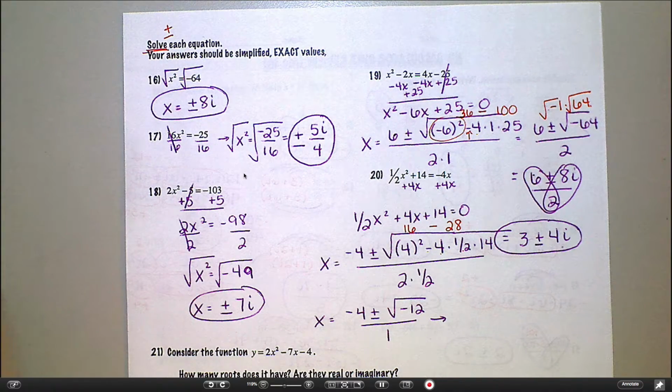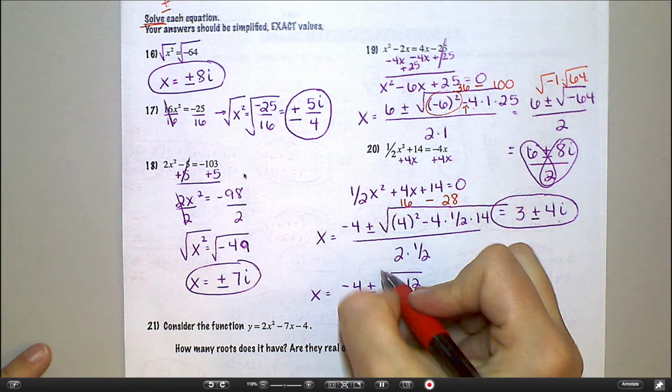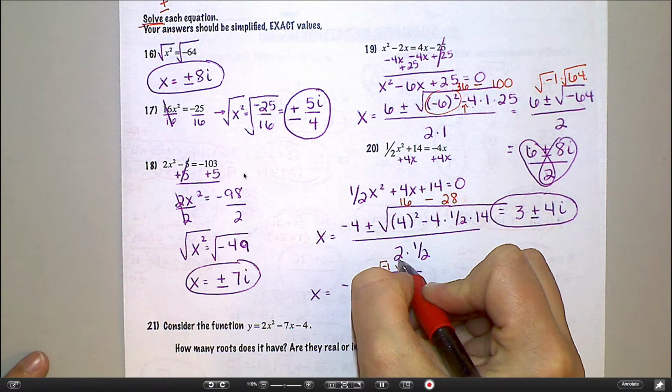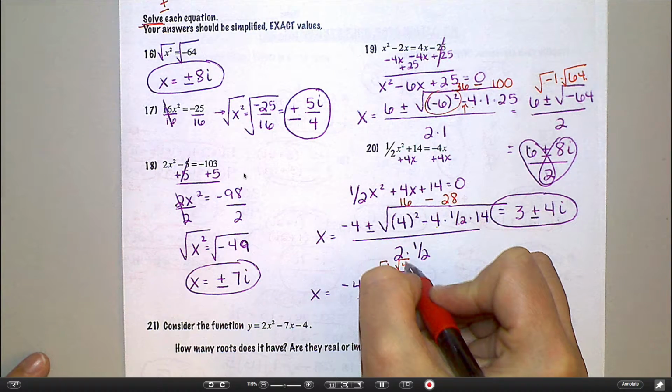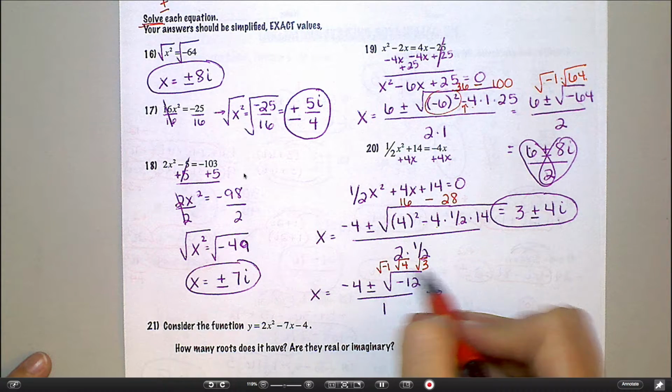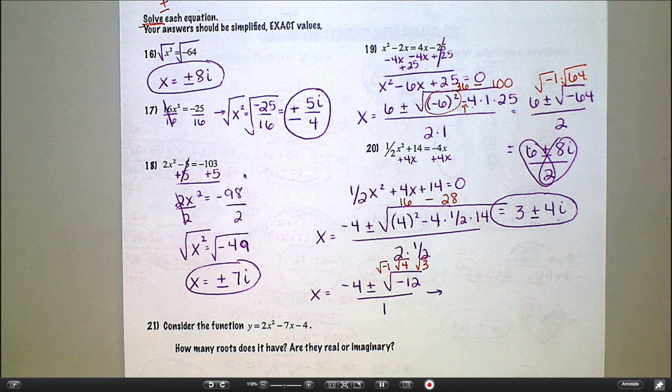Okay, square root of negative 12, that does not break down nicely. Okay, so I'm going to split that up. I'm going to make that a square root of negative 1. And then I'm going to look for a perfect square that goes into 12, and it's 4, and then square root of 3. So I've got negative 1, 4, and 3 to make negative 12. And again, my whole rationale there is I need a perfect square in that list somewhere so that I can actually take a square root.